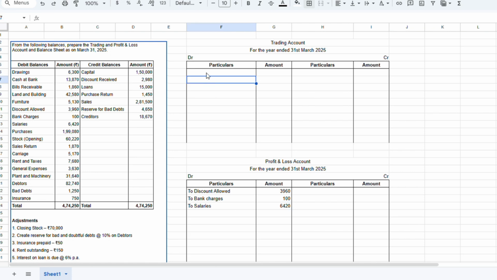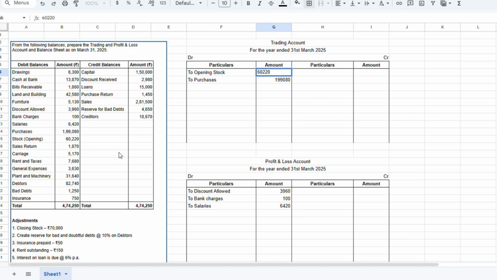So, to opening stock 60,220, then to purchases 1,99,080, on the trading account debit side.